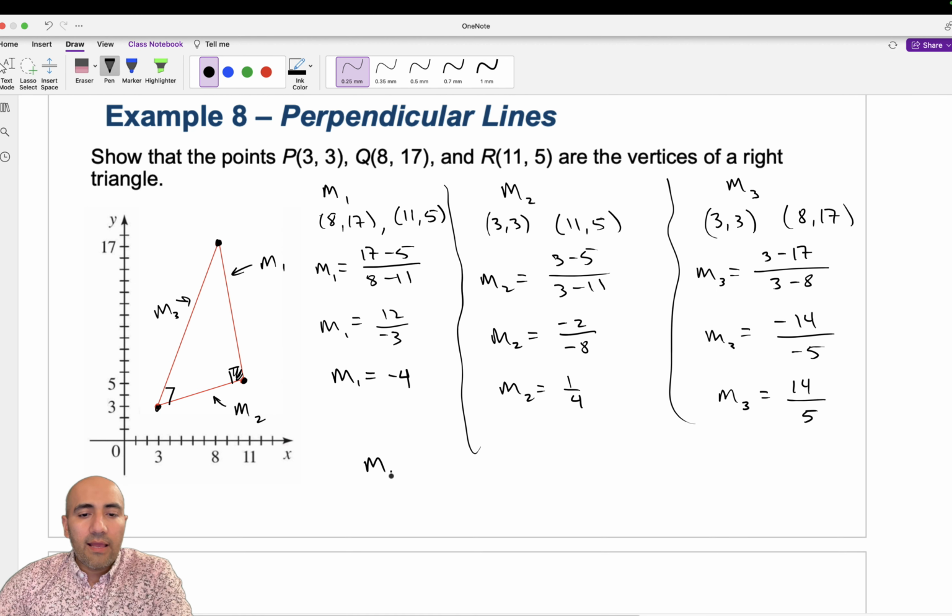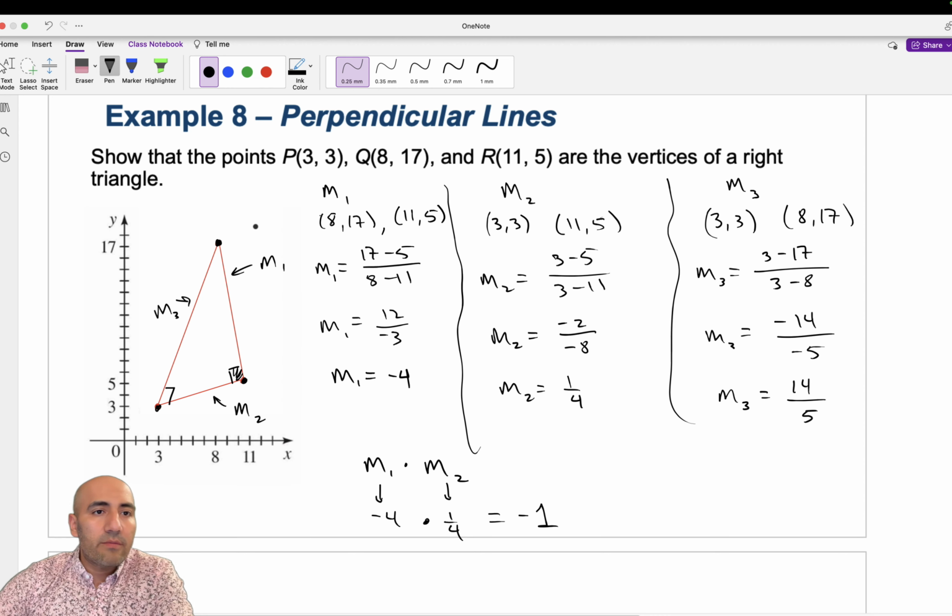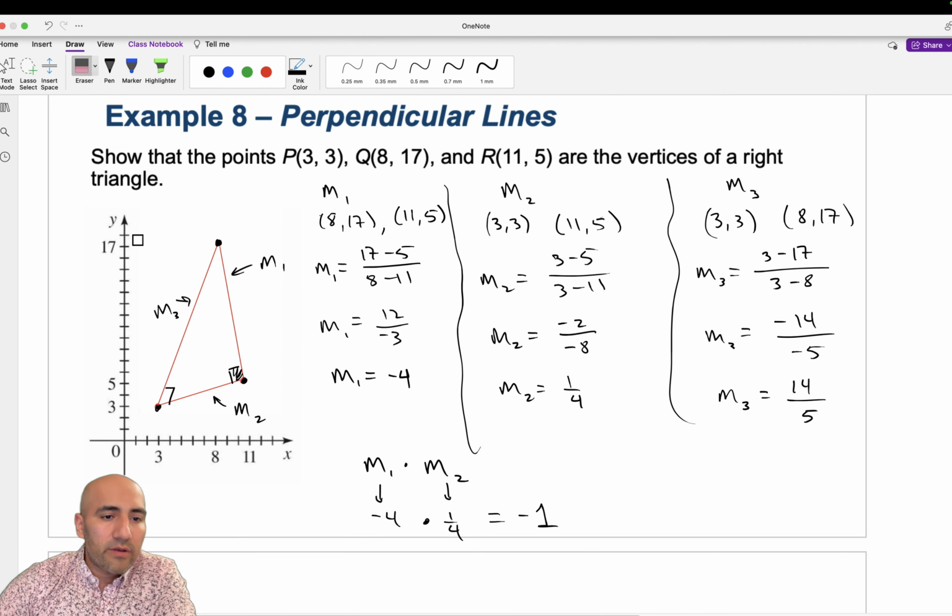Note that if I multiply m1 times m2, which in my case right now is a negative 4 and a positive 1/4, the answer is negative 1. So that confirms for me that these two lines are perpendicular, right? So let me come back over here and erase this one.